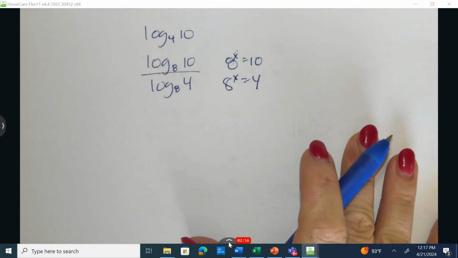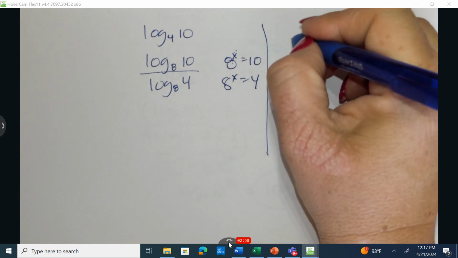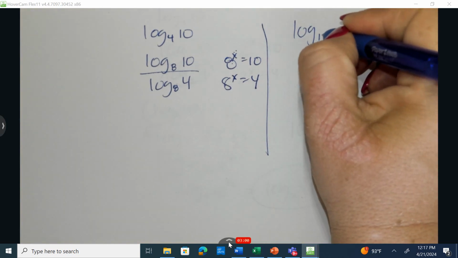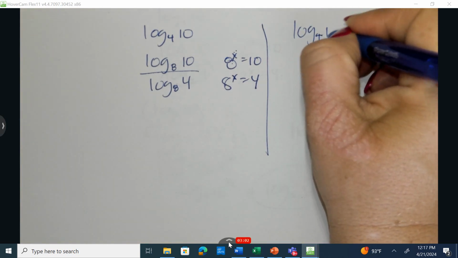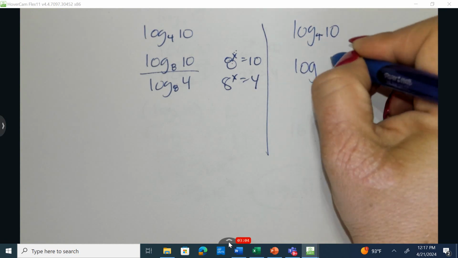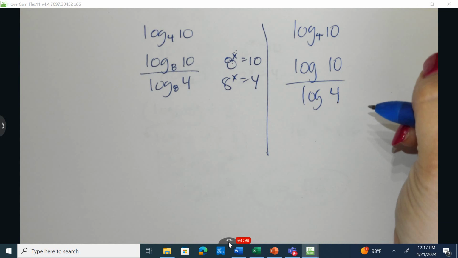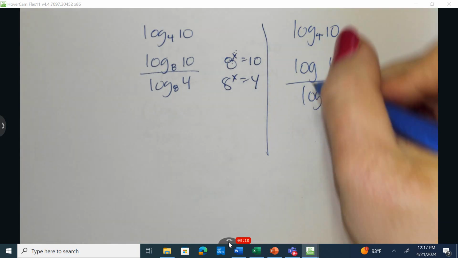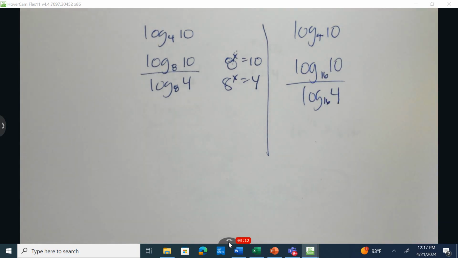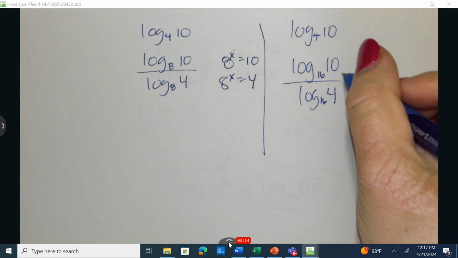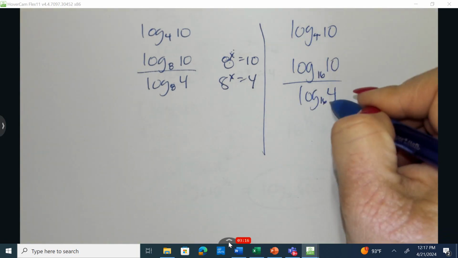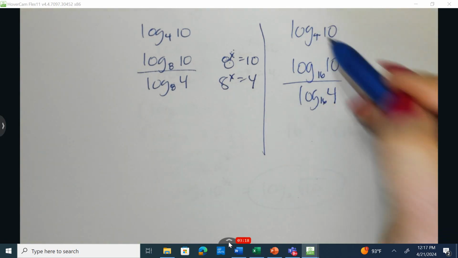But let's try D just to confirm this thought. So let's start with D here. We have log base 4 of 10. This is original. Change of base is log of 10 over log of 4. And notice in option D, we have a base of 16. So let's make both of these a 16. This would be equivalent if I evaluated it on a calculator to what we have up above.